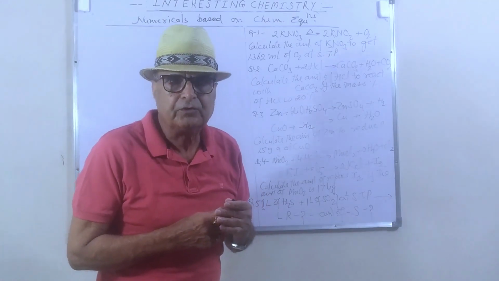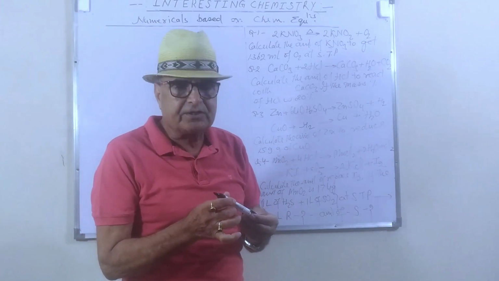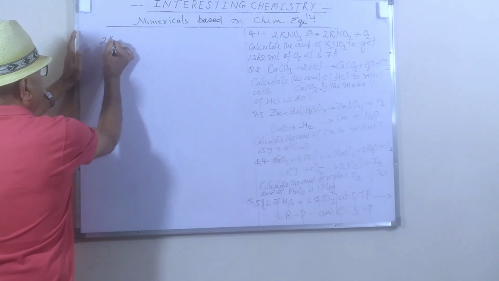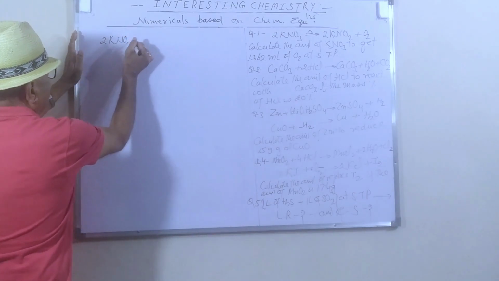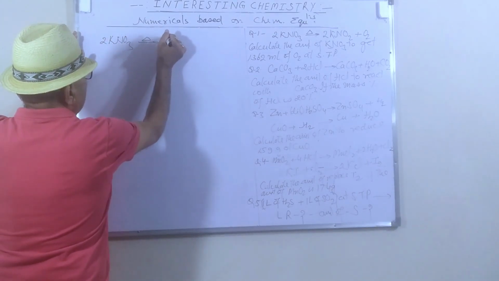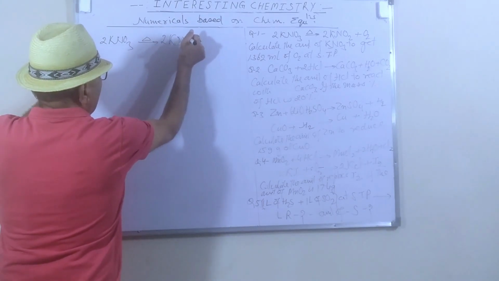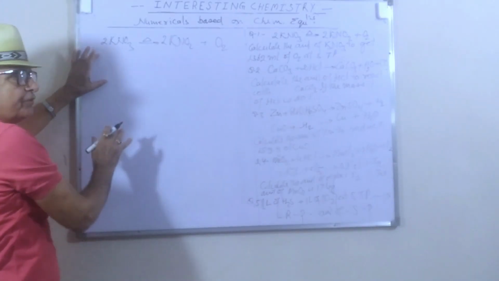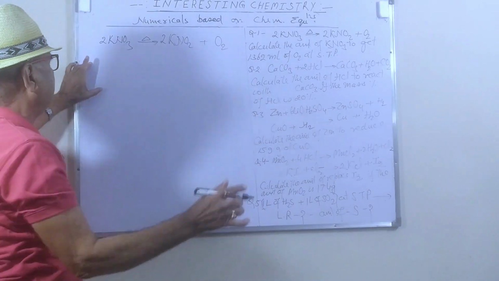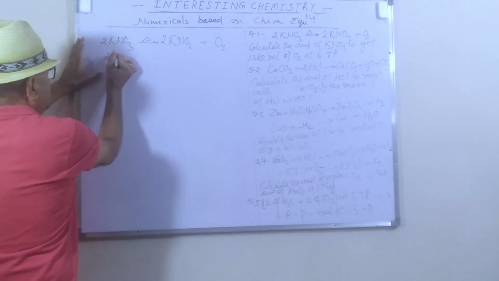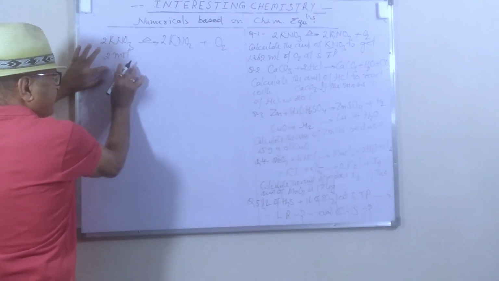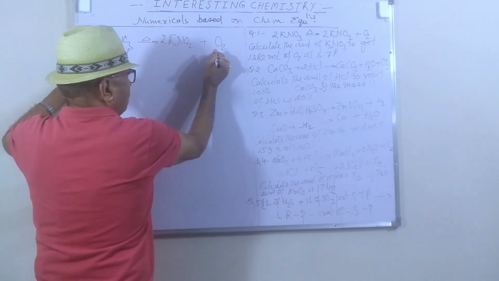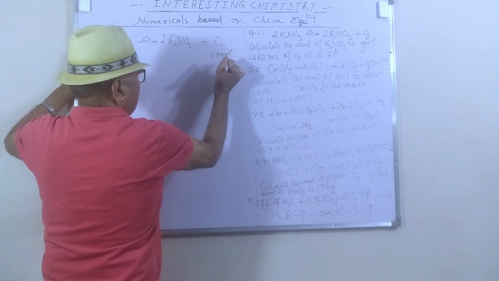So first of all, you should write the balanced chemical equation. So first I am writing here 2KNO3 gives 2KNO2 plus O2. The stoichiometry of this equation is 2 mole of potassium nitrate, when heated, produces 1 mole of oxygen.